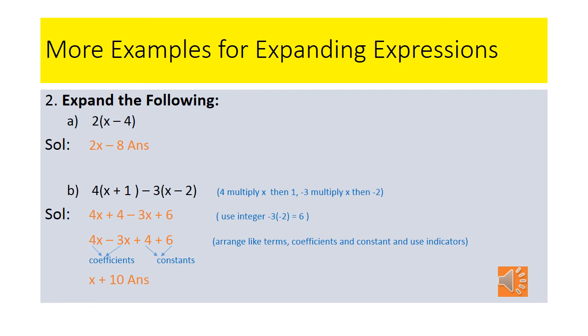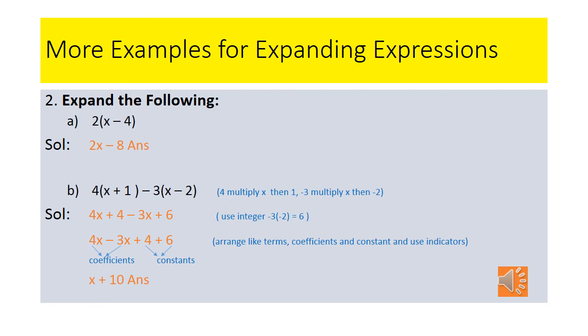Now minus 3 multiplied by x, so minus, and 3 times x is 3x. Again minus 3 multiplied by minus 2, so minus times minus is plus, and 3 times 2 is 6, so plus 6.